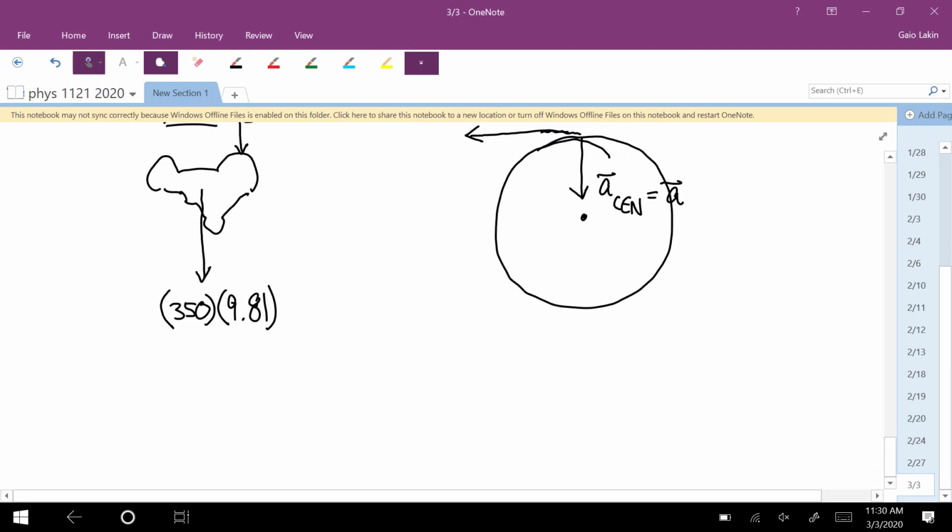Well, what do we know about the magnitude of that centripetal acceleration? That's equal to omega squared r, which we can also think of as v squared over r. This time we're going to leave that v as something to calculate, but the r we still know is 2, so this is v squared over 2.